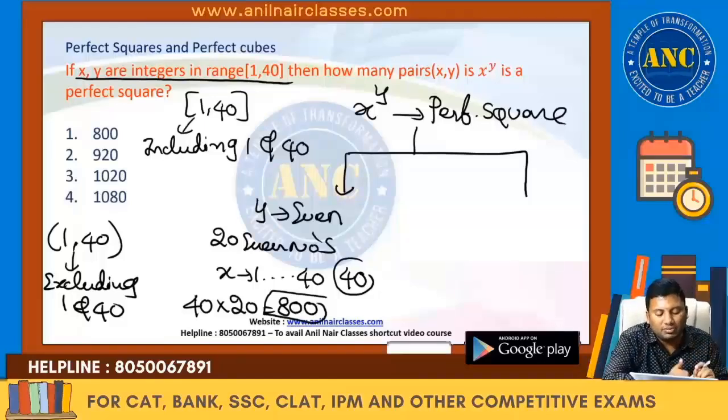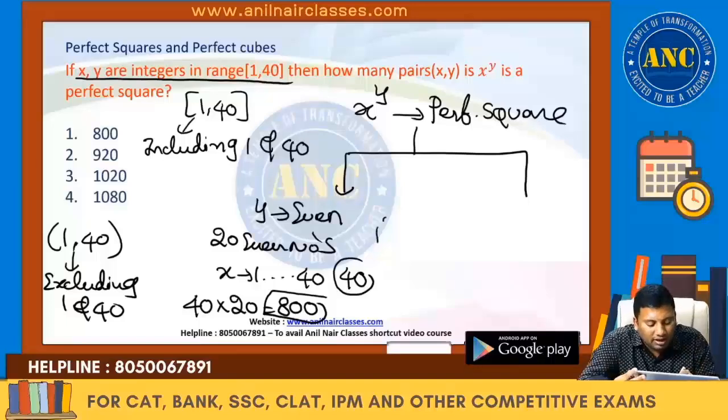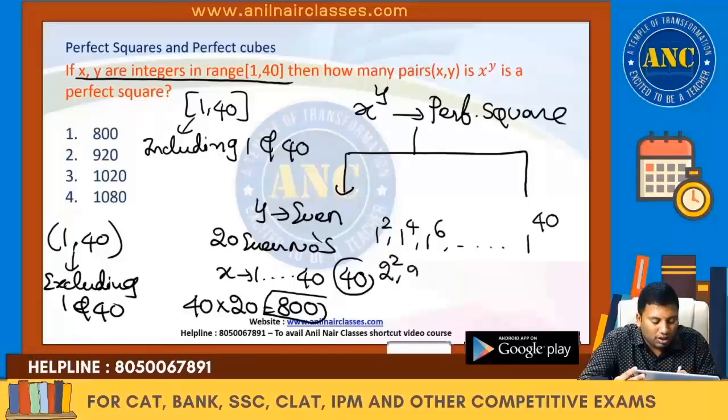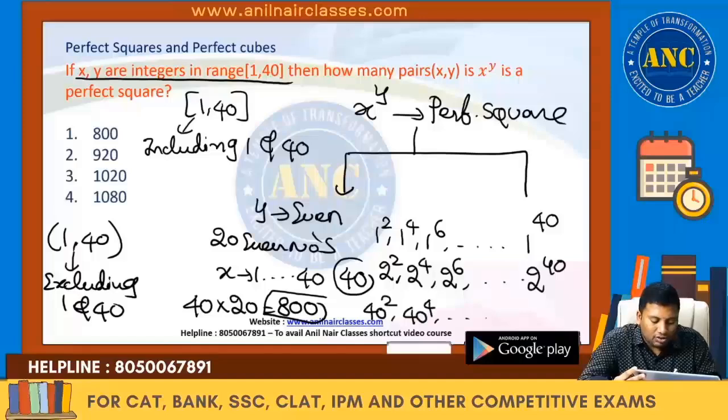Here please observe what values I am taking: 1 square, 1 power 4, 1 power 6 and so on up to 1 power 40. Next is 2: 2 square, 2 power 4, 2 power 6 and so on up to 2 power 40. Are you all with me? Then 40 square, 40 power 4 and so on up to 40 power 40.